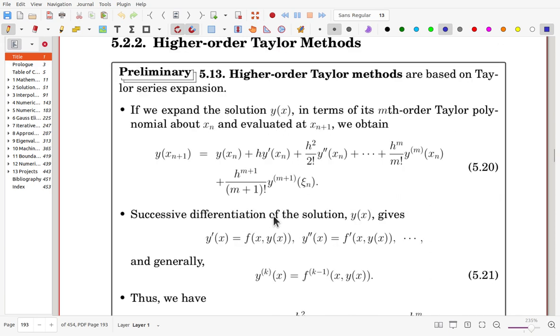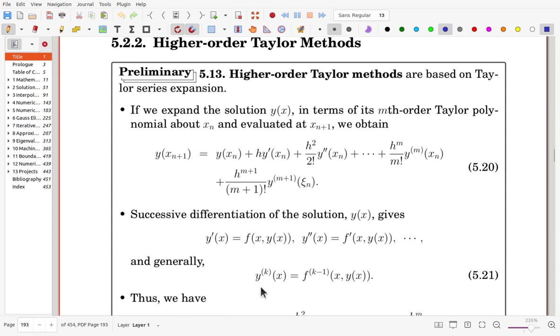Now, we will use for the derivatives, for example, y prime at xn is the same as f of x and y, and y double prime, by differentiating this f, we can get this one.